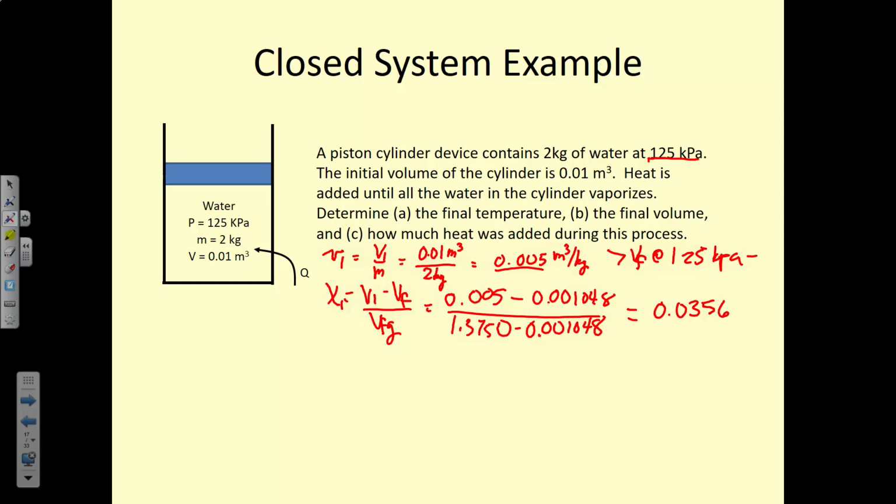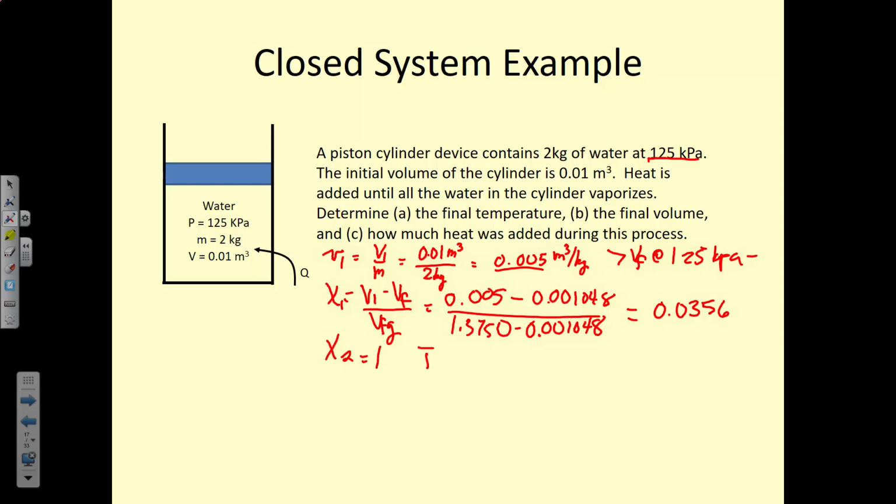We know state 1 now is a saturated liquid vapor mixture. We've calculated the quality. What about state 2? What does the problem statement tell us? Okay, so heat is added until all the water vaporizes. What does that mean? The quality at state 2 is 1, so X2 is equal to 1.